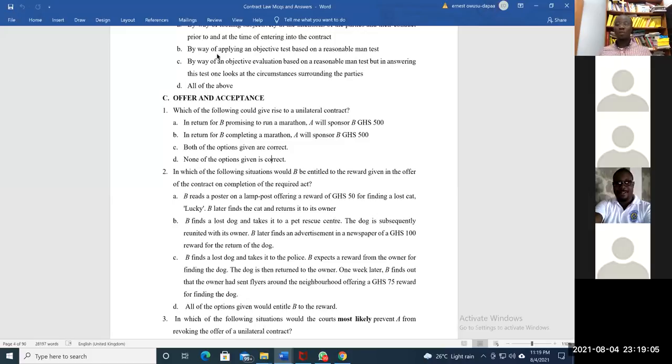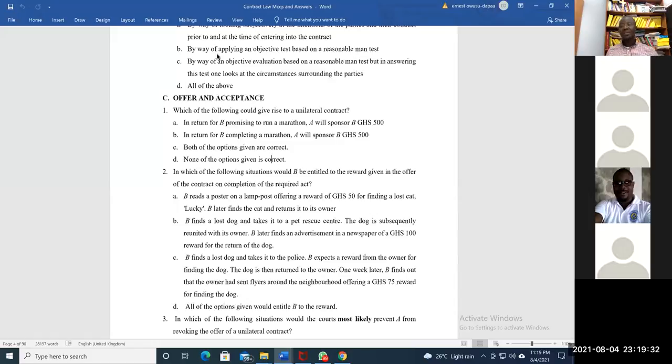Because there's no commitment on the other party to say that I will do it or not do it. All that is required is that if you really want to take the benefit of the promise, he must do that which is required by the promisor. So let's keep that in mind, and we're going to use that understanding to evaluate the options that we have. And then we have our answer.